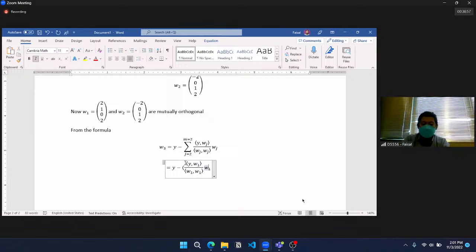Because the sum is term 1 plus term 2, with J equal to 1. Okay, so this is the sum. Okay, and substitute from the formula.